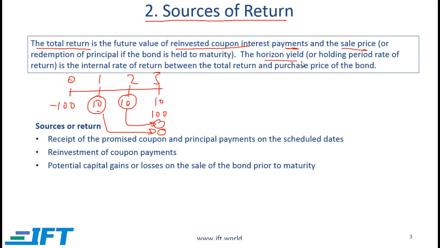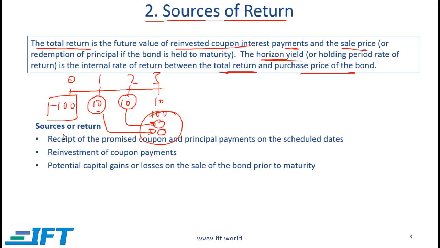The yield, also called the horizon yield or the holding period rate of return, is the internal rate of return between the total return and the purchase price of the bond, which in my example is 100.